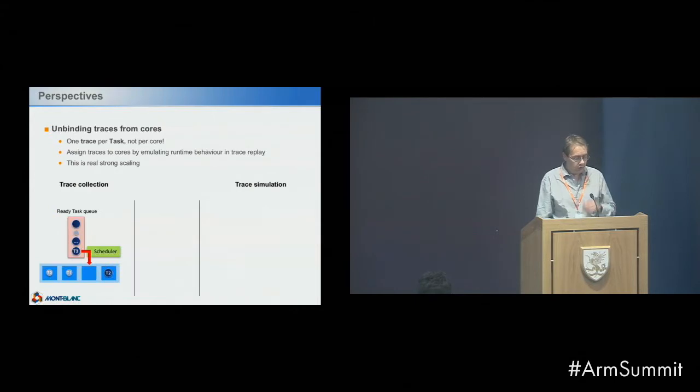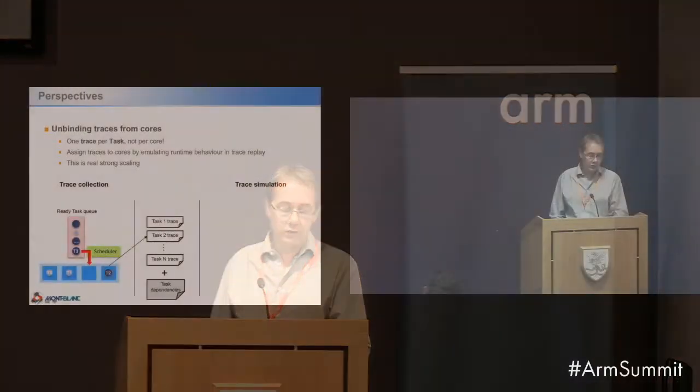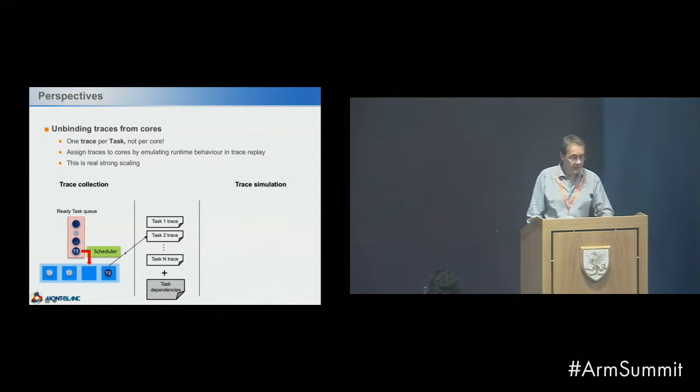That's a very good opportunity for trace-driven simulation. Why is that? Here I'm representing once more what we could do in trace-driven simulation. The principle here would be that rather than tracing the behavior of the CPU cores themselves, we unbind the traces from the cores, and we try to trace the tasks themselves. It means that what we would do is try to know when a given core is running one given task and capture this task trace.